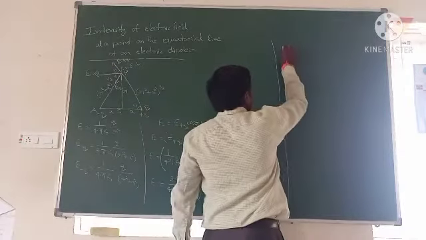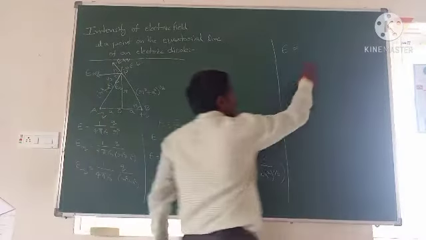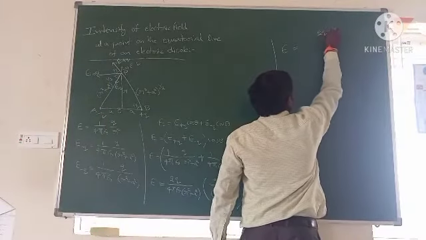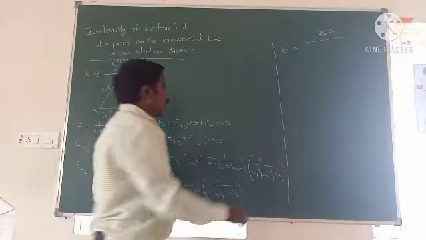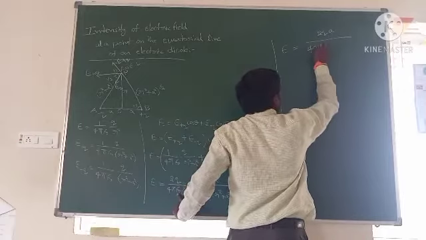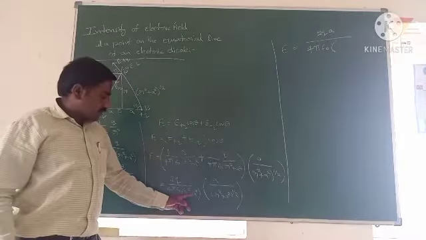Then you can get E equals 2QA divided by 4 pi epsilon naught into R square plus A square over power 1.